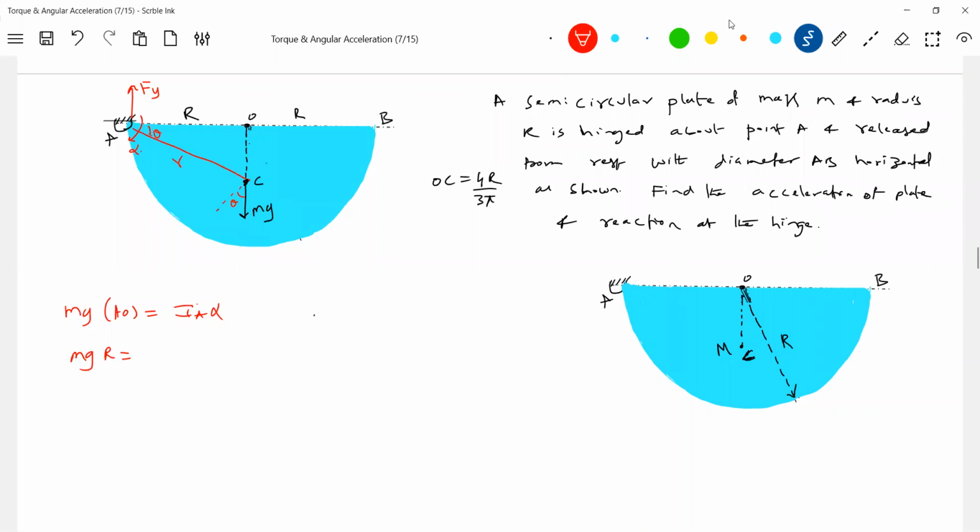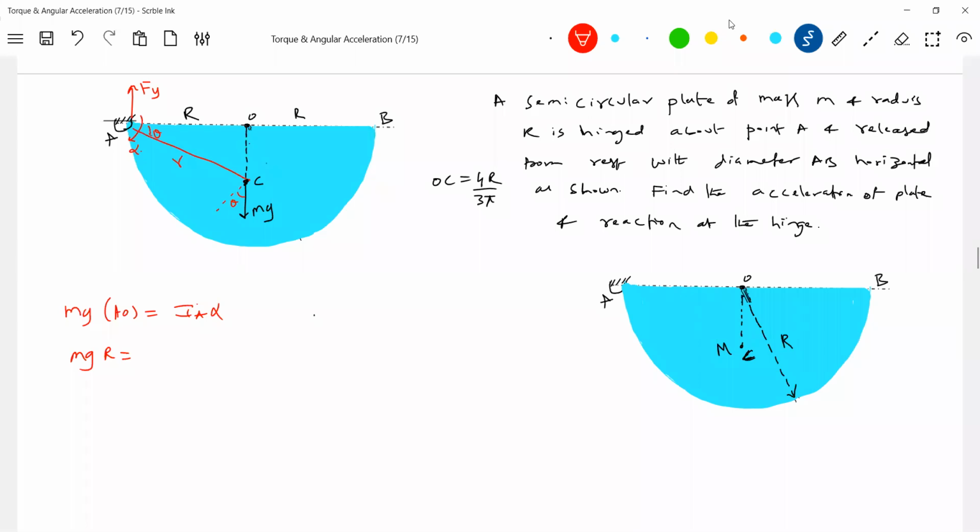Now, do we know the moment of inertia about this point? We need some information on the moment of inertia about this point, no? How to calculate moment of inertia? I think we should go back to the MI chapter. There's no other way. We must know the MI chapter. For the semicircular plate, can you remember what we discussed yesterday?